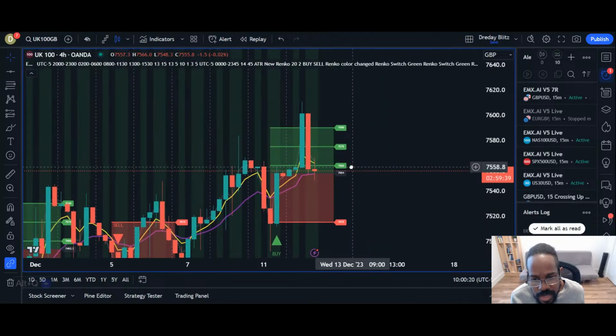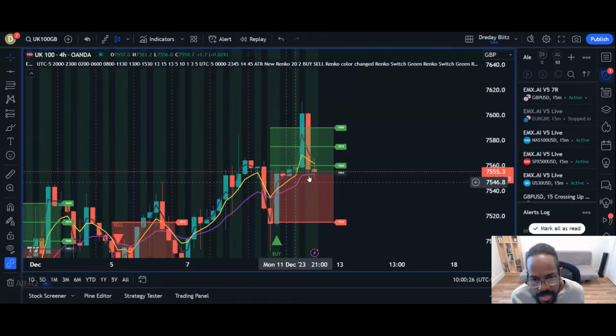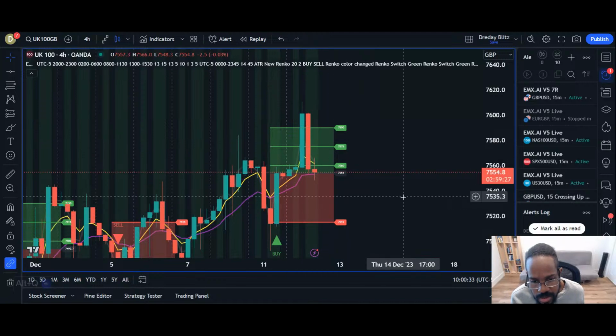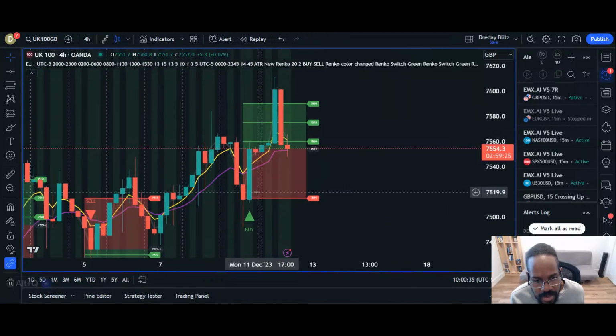Yes, that's a good sign that the market is reversing, because you had a big bullish candle and a big bearish candle that closed below the previous bullish candle. So that means we're looking to go down. I'm expecting the price to go at least to this region here.